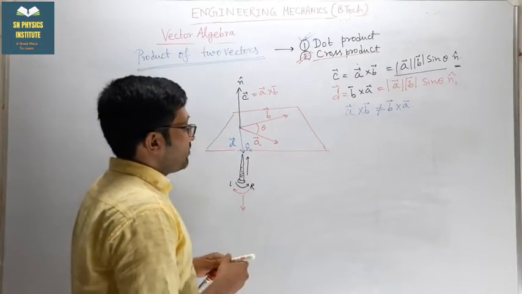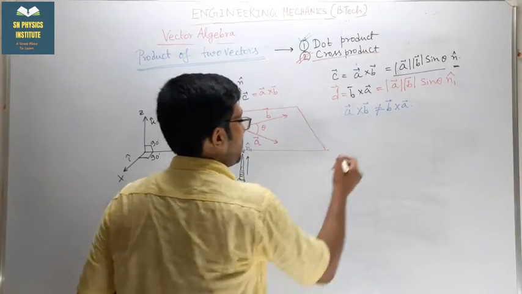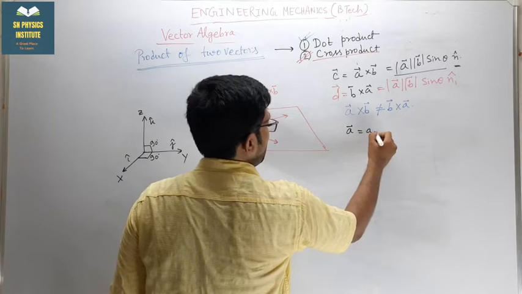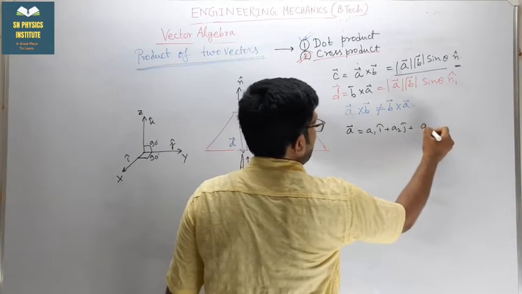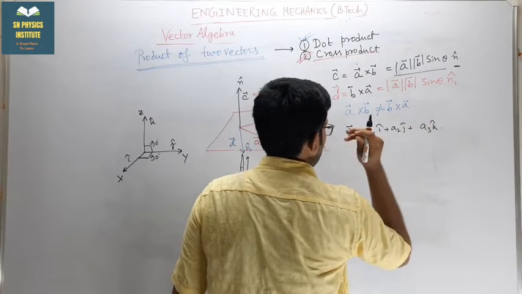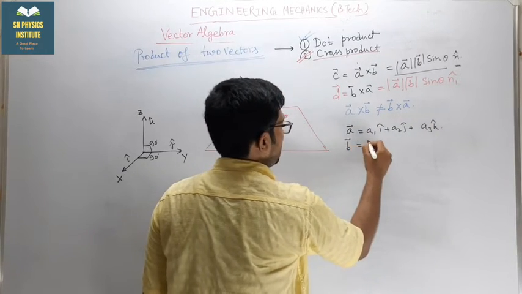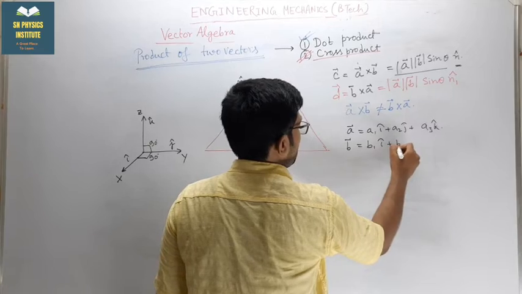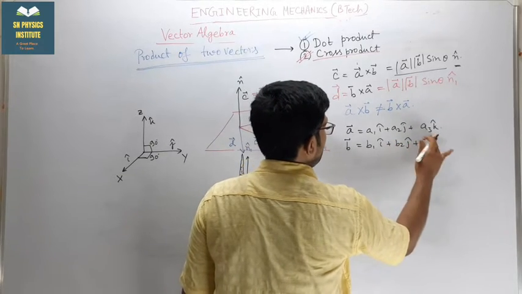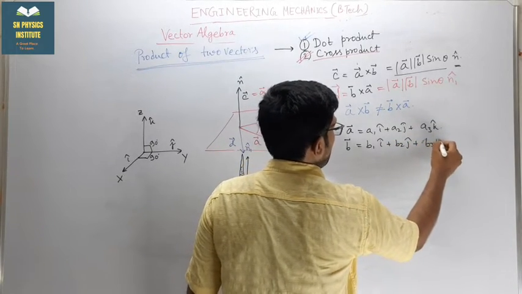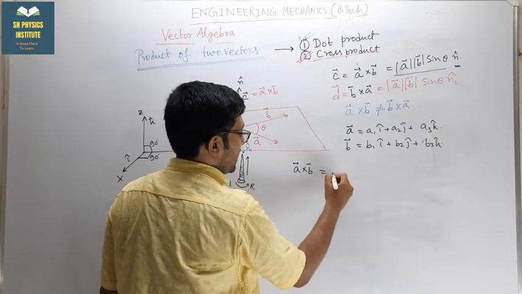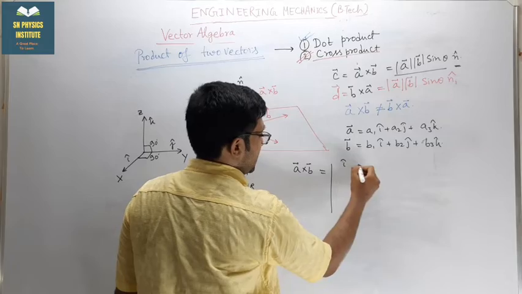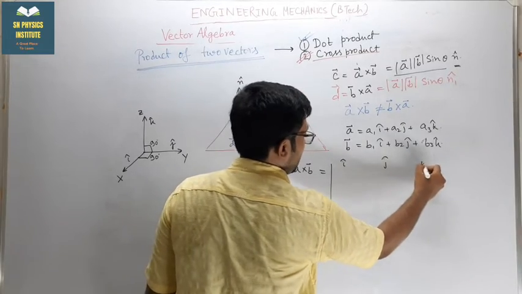Suppose for example, if we consider the same way, A vector is equal to A1 i cap plus A2 j cap plus A3 k cap, and B vector is equal to B1 i cap plus B2 j cap plus B3 k cap. And see, I am writing A cross B if you want to find out. So see, this one is i cap, j cap, k cap.